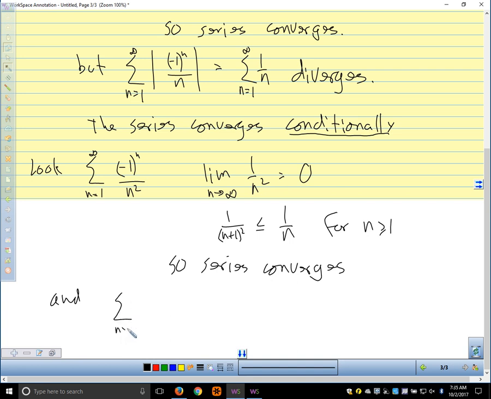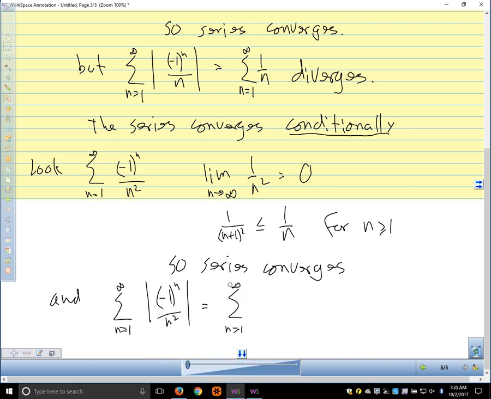And the sum from n equals 1 to infinity of the absolute value of that series is just the sum from n equals 1 to infinity of 1 over n squared. And what kind of series is that? That's a convergent p-series.